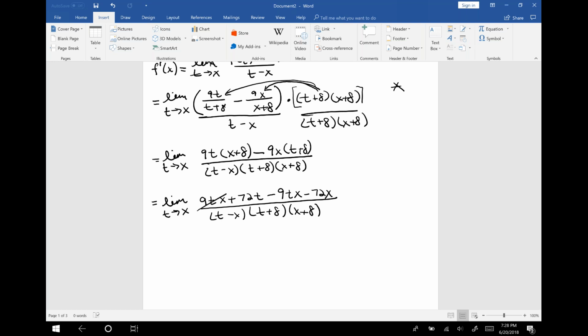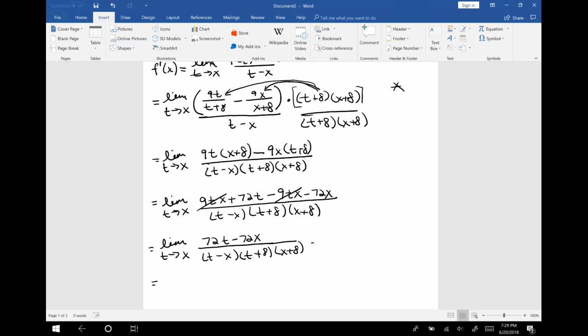But we can cancel this term with this term. What we have left is the limit as t goes to x of 72t minus 72x, and then I'm going to copy the denominator. So we still can't do anything, still have 0 in the denominator. We're still trying to do some more algebra until we get to a point where we can plug x in for t.